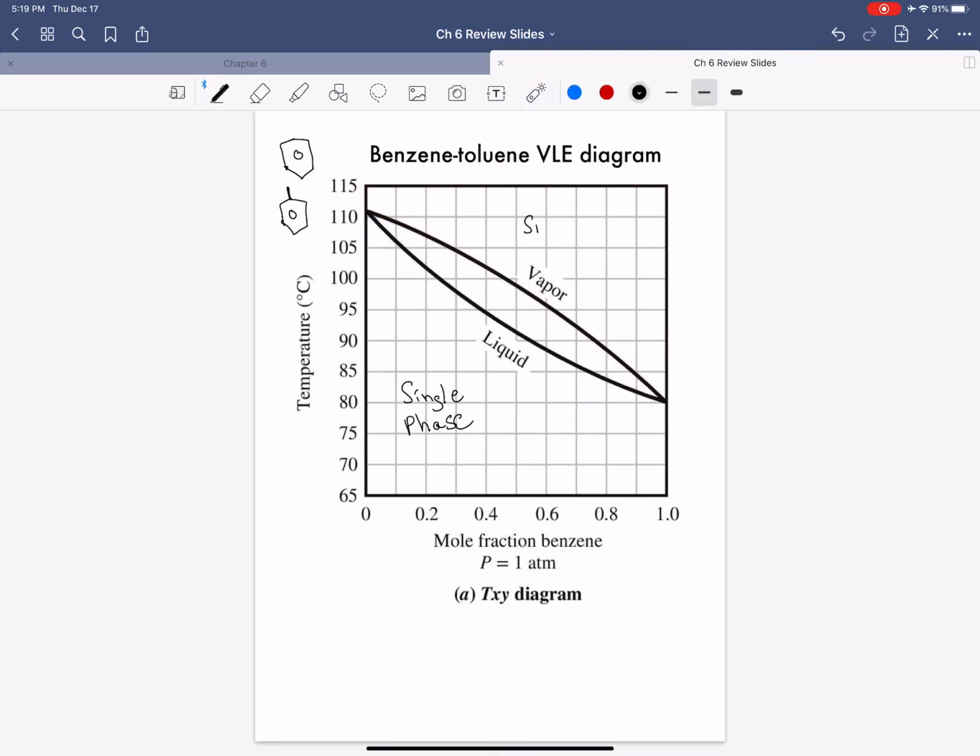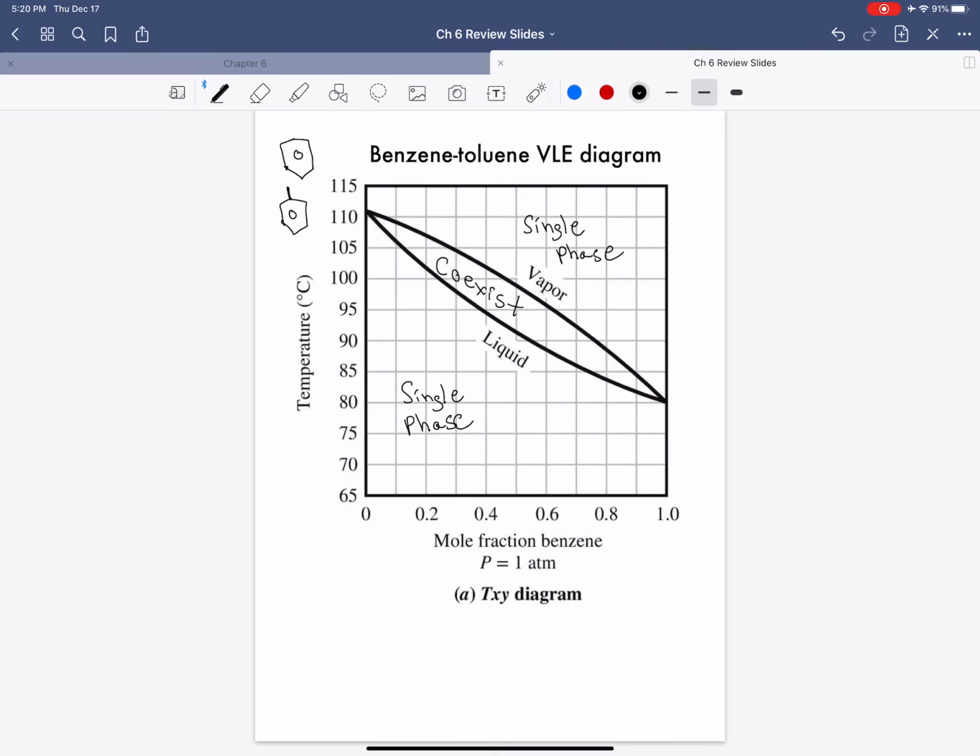And so this is also a single phase, right, if you're at that temperature and composition. But what's interesting here is the part that's between the two lines in this little envelope. This is a region of coexistence, right? And so that's where the liquid and vapor phases are in equilibrium with one another, right? And so from this VLE diagram, you could determine what the composition of liquid and vapor phases are that are in equilibrium to one another.